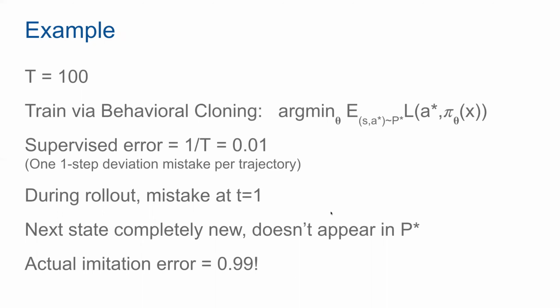Right. So if we go into the setting where if we make a mistake in the wrong state, then the error is catastrophic, then the actual imitation error can be very, very high, even though the supervised learning of just the expert demonstrations looks very, very low.